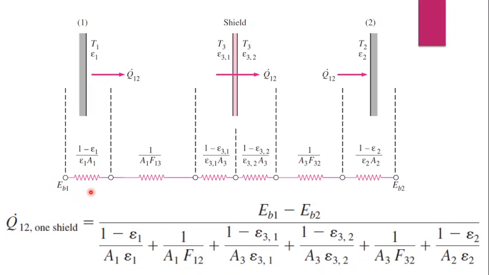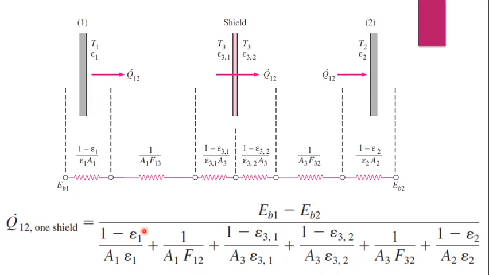Now we can find the radiation heat transfer from EB1 to EB2, and we already know this formula. Q1 to 2 is equal to EB1 minus EB2, which is analogous to voltage difference, divided by the total resistance.